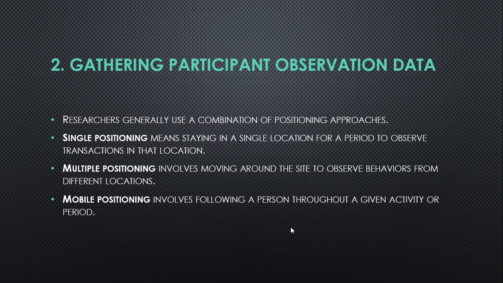Then mobile positioning involves following a person throughout a given activity or throughout the period. Like for example, you are going to observe that person for a duration of a week or a month or 3 days, 4 days, ganyan. So that is mobile positioning, as a way of gathering participant observation data.